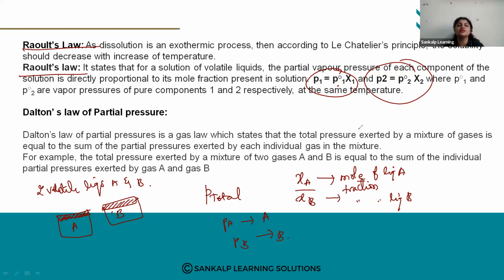So P01 and P02 are the vapor pressures. These are the statements for Raoult's law.